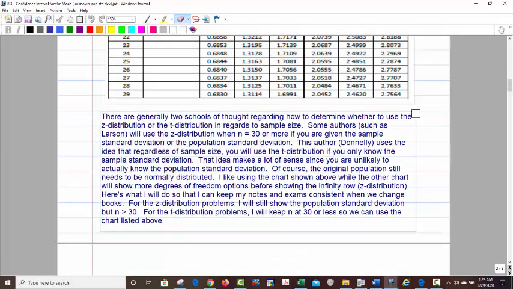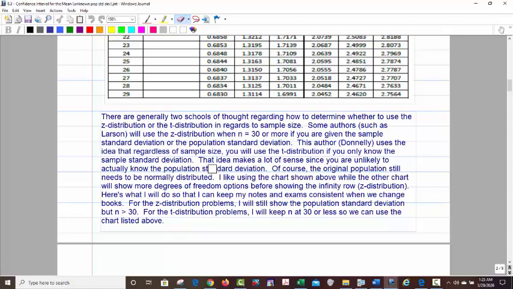So what I like to do, in addition to using the precise definition of the population standard deviation versus the sample, I also take it one step further. On the exam, if it's going to be a Z distribution, not only will we have the population standard deviation, I'm going to make sure that the sample size is more than 30.